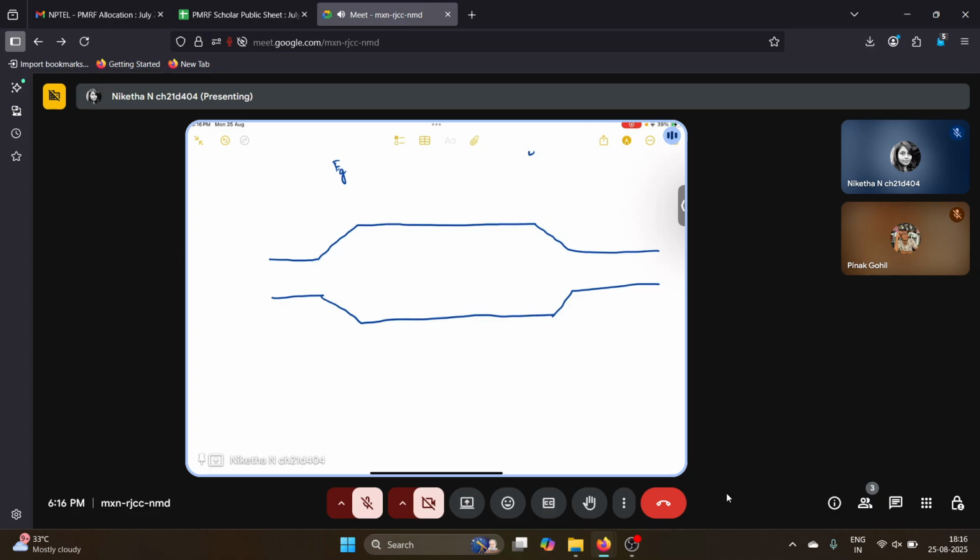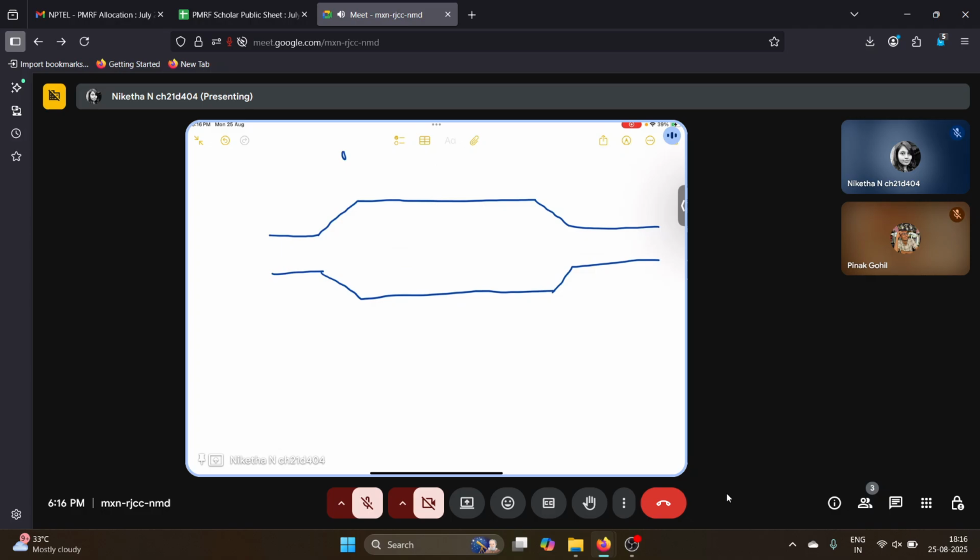Why do we need higher area in the middle than the entry and exit? Settling, to make it settle down. Yeah. How?